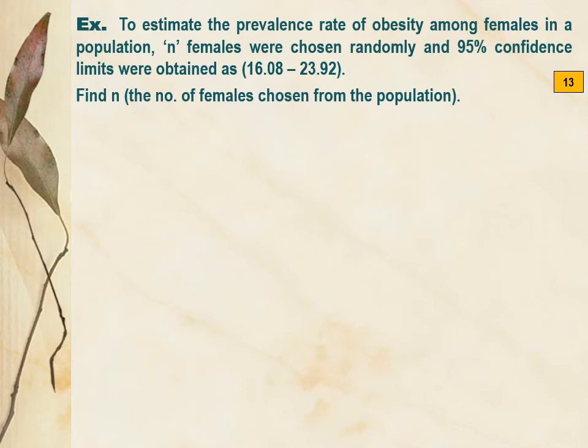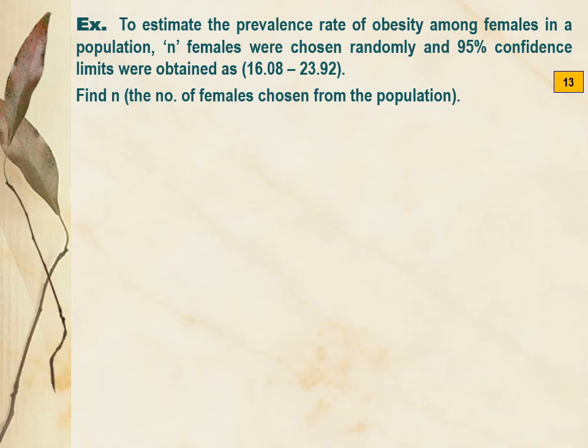Slide number 13. It is a good example, and it was also in one of the examinations earlier. To estimate prevalence rate of obesity among females in a population, n females were chosen randomly. The sample size is not given.